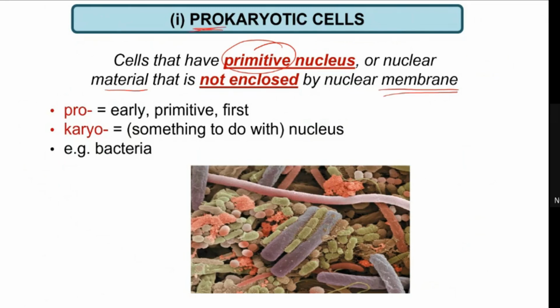Pro means primitive, early, and karyo is nuclear. So they are cells that have a primitive nucleus, meaning their nucleus does not look like our typical nucleus. Very primitive, because they don't have a nuclear membrane.